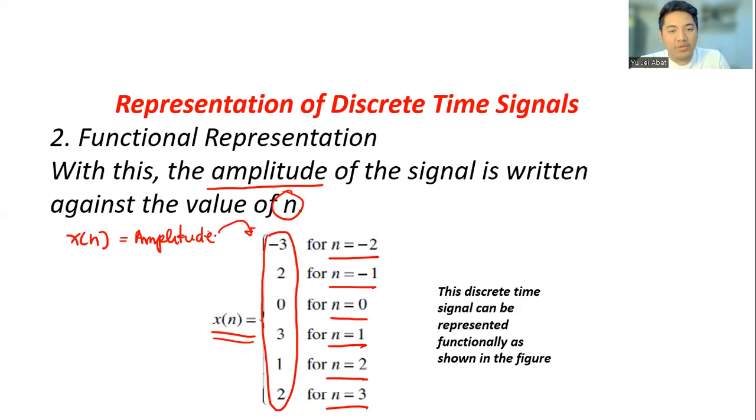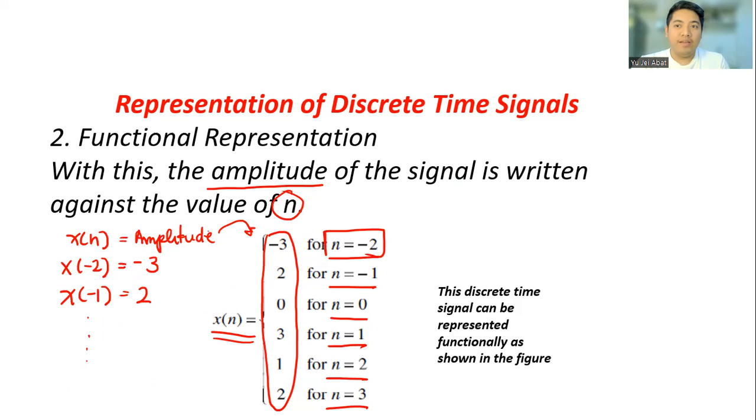Meaning, for x of -2 we have a value of -3, for x of -1 we have an amplitude of 2, and so on and so forth. So this discrete time signal can be represented functionally.